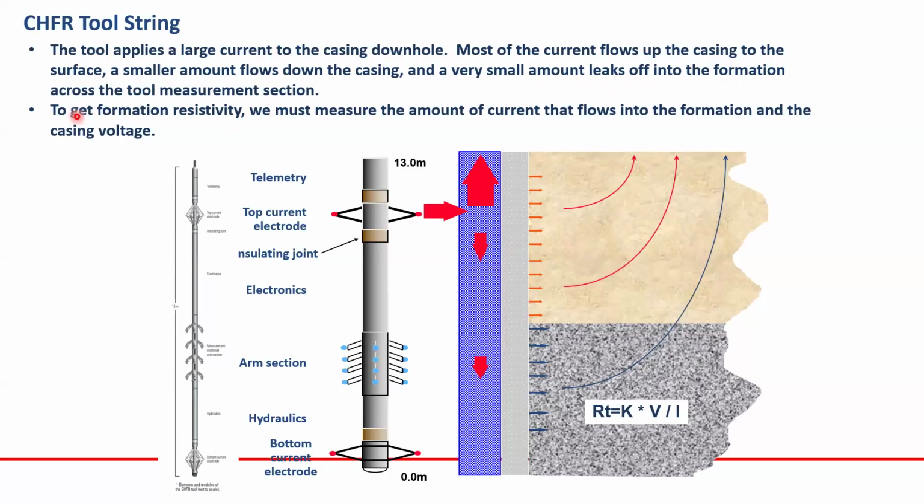To get formation resistivity, you must measure the amount of current that flows into the formation and the casing. So it has a total current, and some goes to the casing and some goes to the formation. So he measures the current in the formation and the cement, so he can calculate how much the resistivity is in the casing.